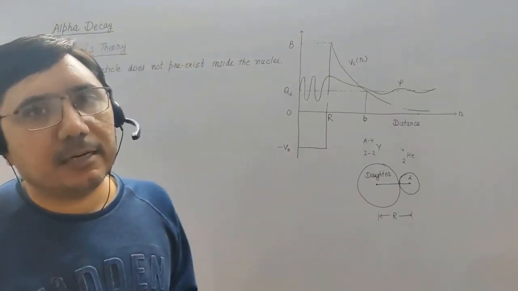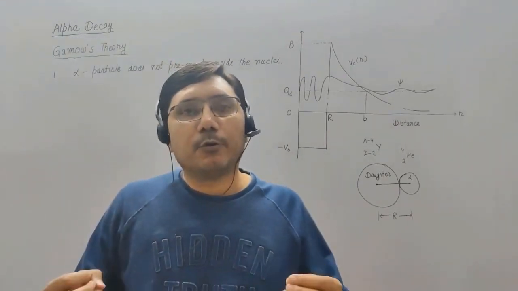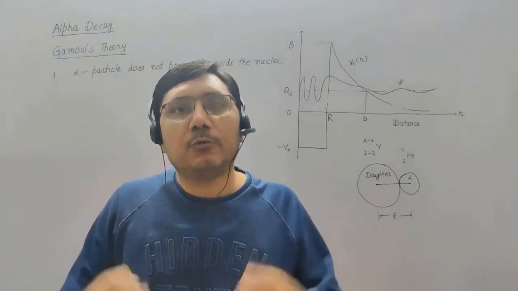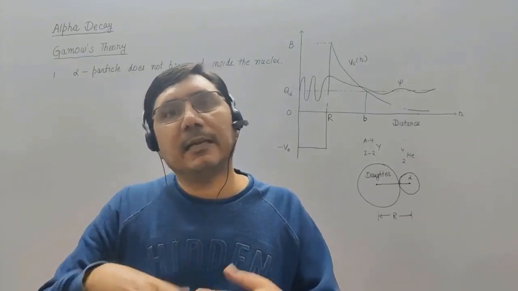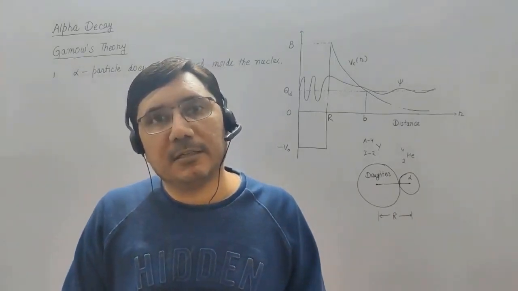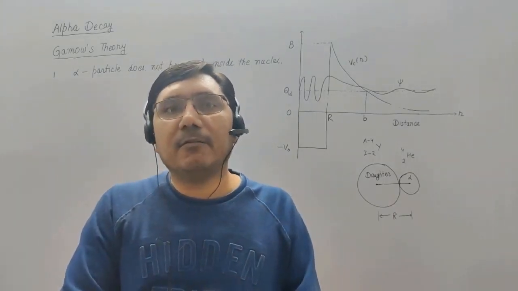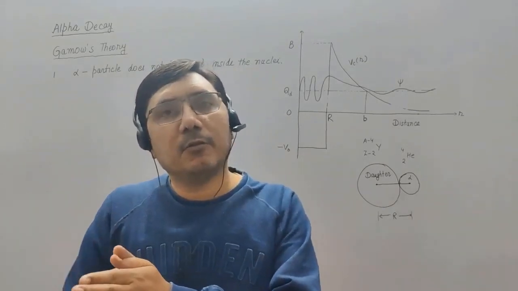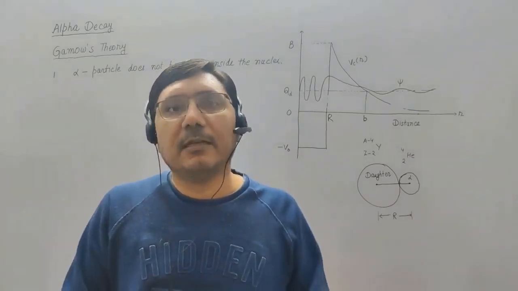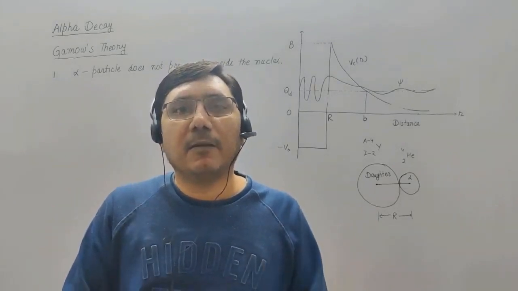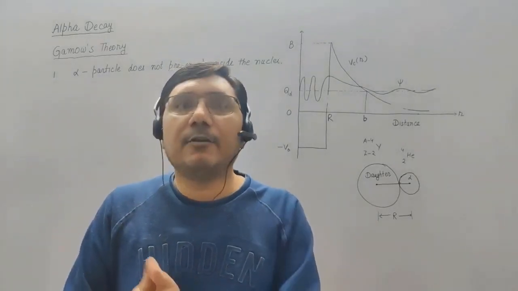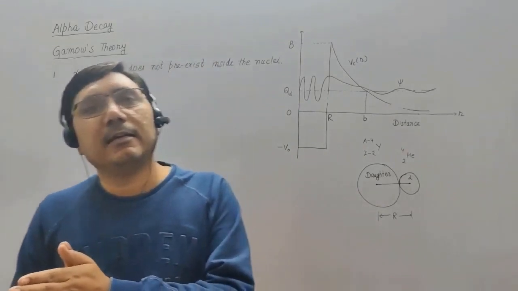So what is happening inside the nuclei? Two protons and two neutrons come together at the same time at one place, and alpha particle formation takes place. Now this alpha particle will try to come out of the nuclei, and if that is not possible, then it will disintegrate. Again an alpha particle will form and try to move out of the nuclei.